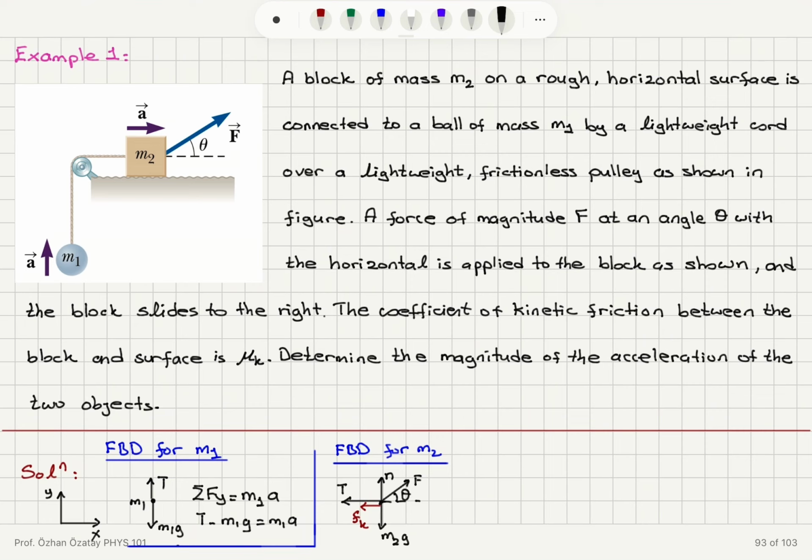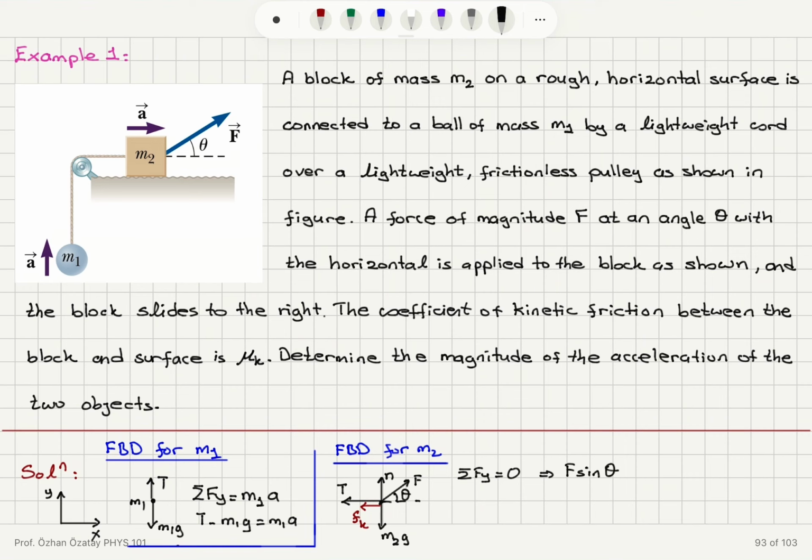Okay, now the net force on the y-axis must be equal to 0 because m2 is not flying away from the surface. So we have F sine theta, the y component of the force F, and the normal force adding up to the weight of the object, m2g.